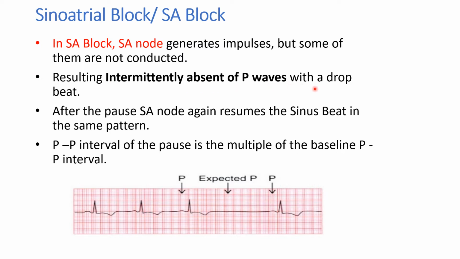As you can see in this ECG strip, we expect to have a P wave here, but due to a non-conducted impulse, the P wave and QRS complex are absent. After a pause, the SA node again resumes the sinus beat in the same way as earlier. The PP interval of the pause is a multiple of the baseline PP interval.